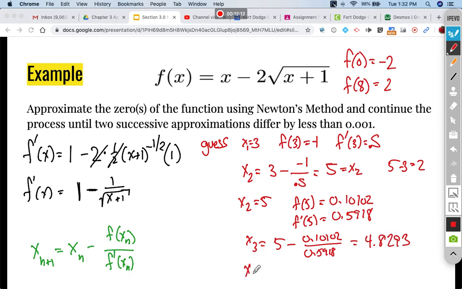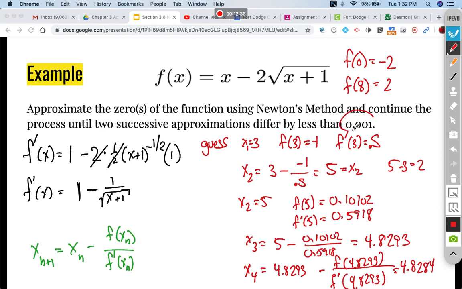If I go to my next one, 4.8293 minus f of 4.8293 over f prime of 4.8293, I'm going to get 4.8284.